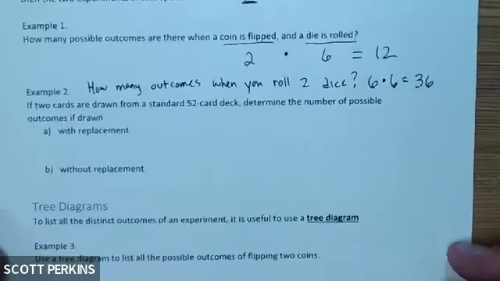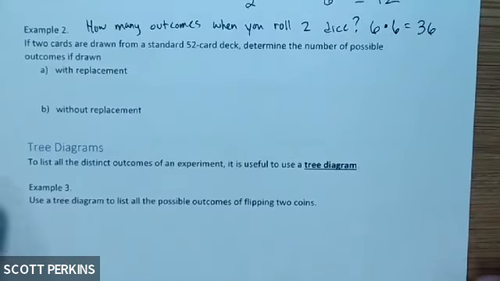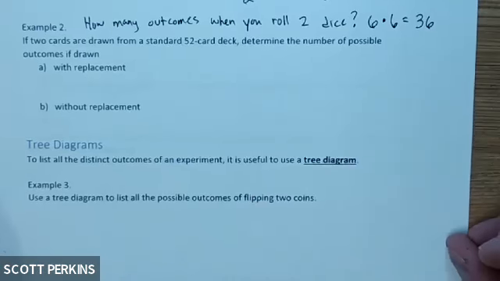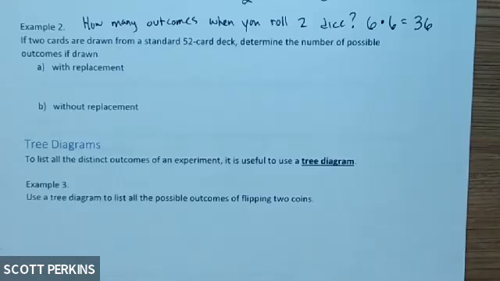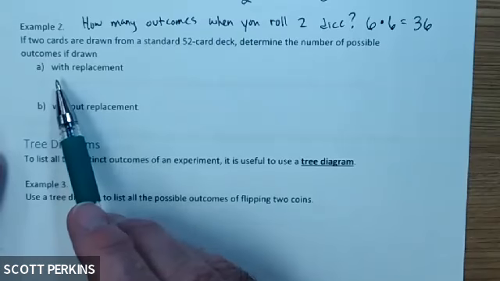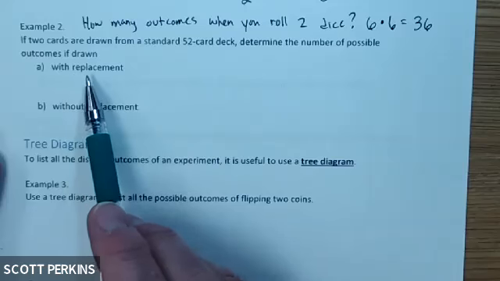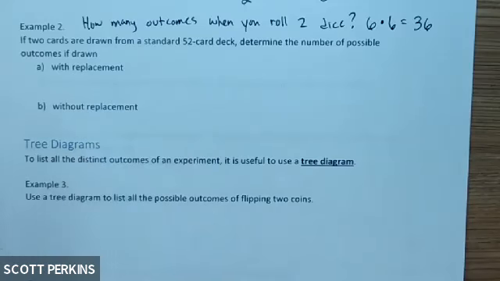So going down to example 2. My first purpose is we got to practice the counting principle a few more times. My second purpose is to introduce you to these 2 words, which will become part of our lexicon as we're going through and talking about probability. What happens if I'm going to do something with replacement and do something without replacement? Those 2 things mean something different.